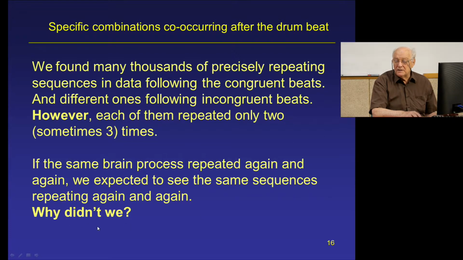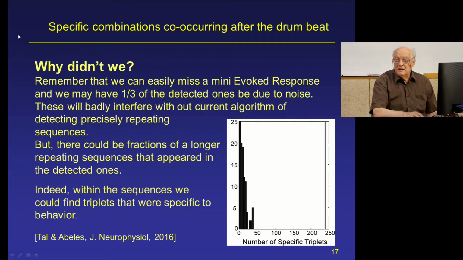Why didn't we see this? Remember that we can easily miss a mini-evoked response, and we may have 1/3 of the detected ones be due to noise. These situations will badly interfere with our current algorithm of detecting precisely repeating sequences.